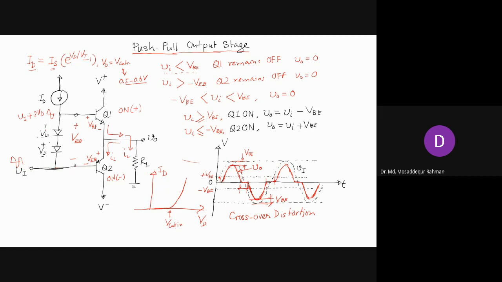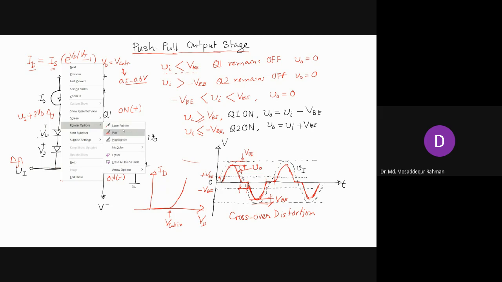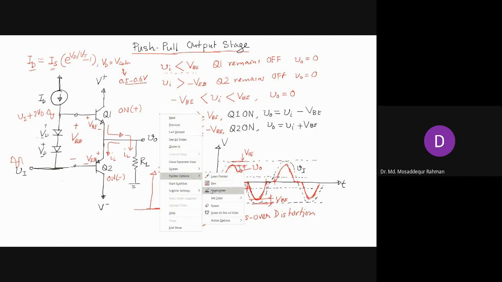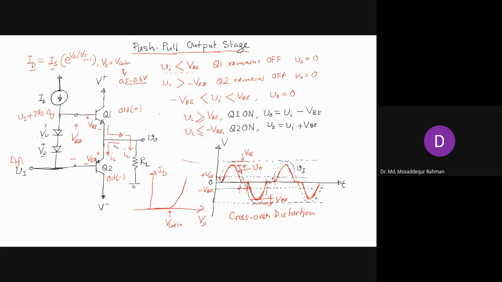But again, this is not the actual circuit used in the real output stage of this amplifier. In the real circuit, instead of diodes, transistors are used to provide this forward bias voltage.